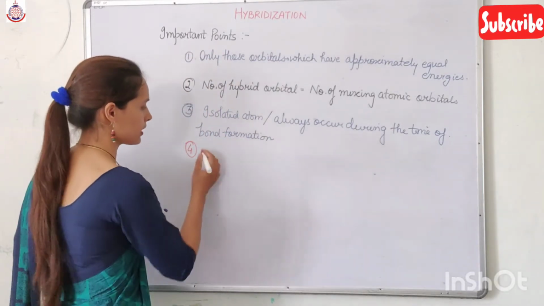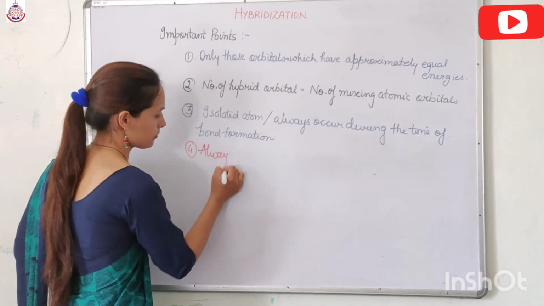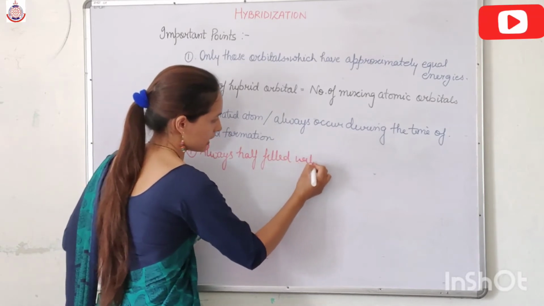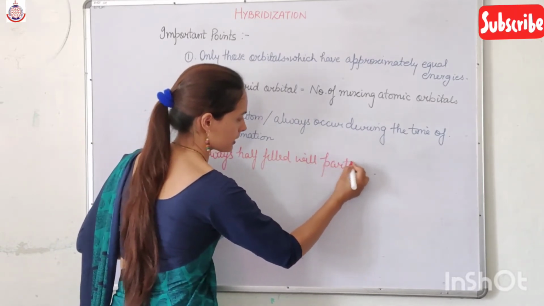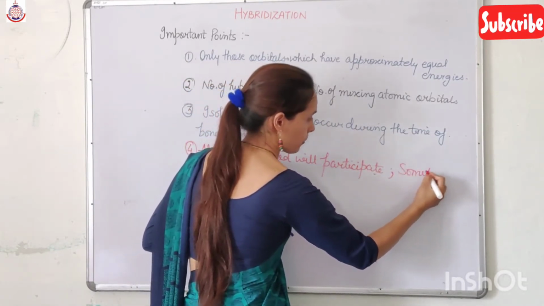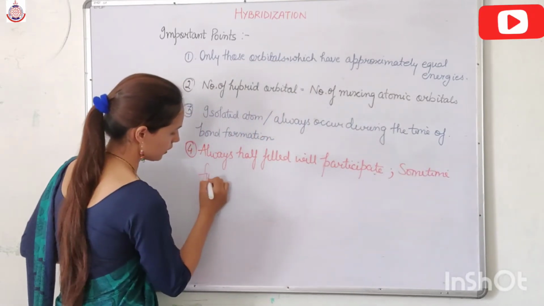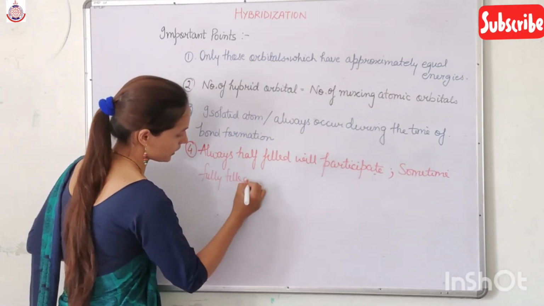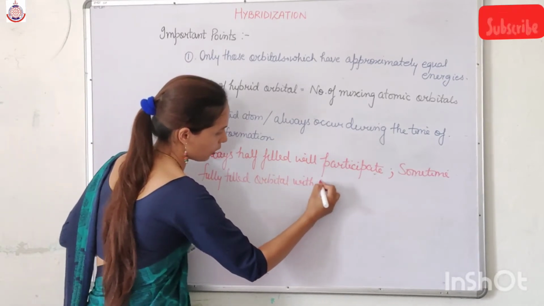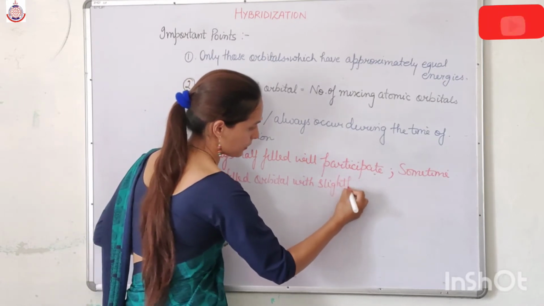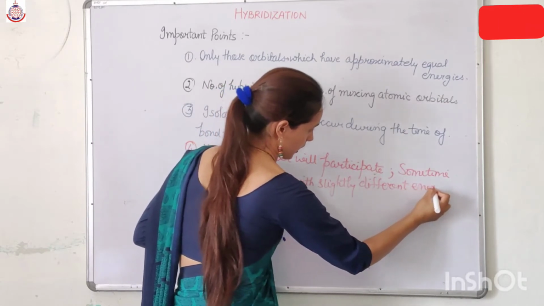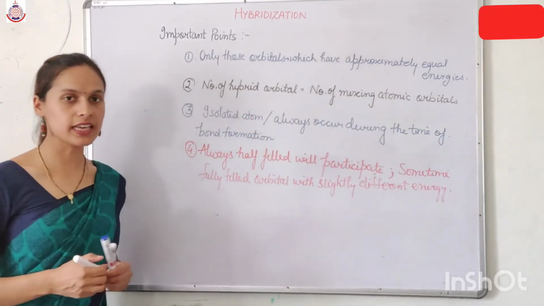It is not necessary that a half-filled orbital will always participate in hybridization. Sometimes a fully filled orbital with slightly different energy will also participate in the hybridization.